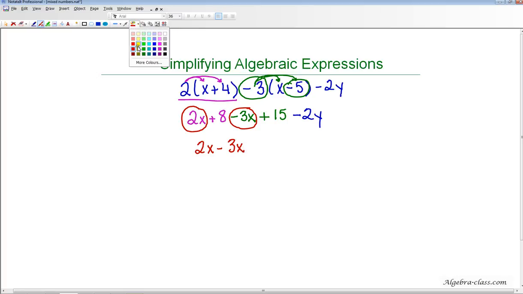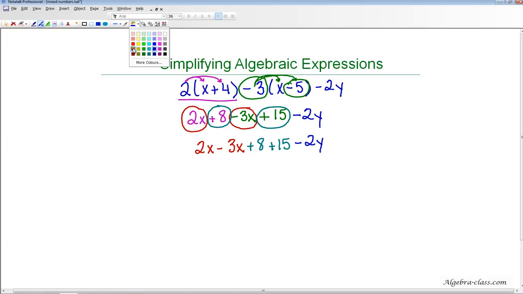And then I have another set of like terms, which is +8 and +15. I'm going to write those side by side as well. And then I'm going to bring down the -2y. It doesn't have a like term because there are no other terms that have the y variable.